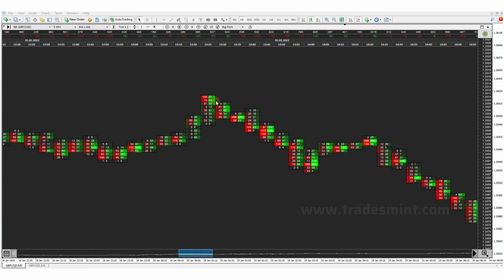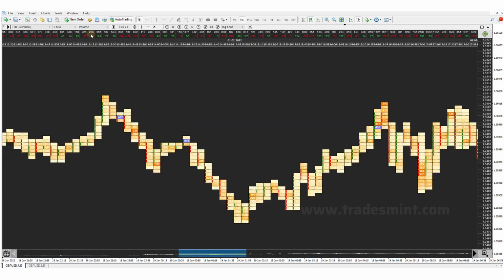I noticed one thing, and also found this from the creators of footprint: if I have here the 100 to the 81 traded volume, I change the chart to only volume. This was calculated horizontally.